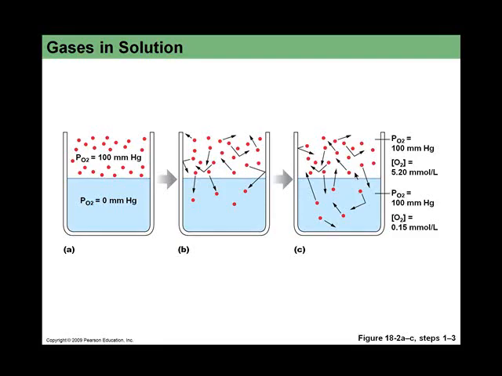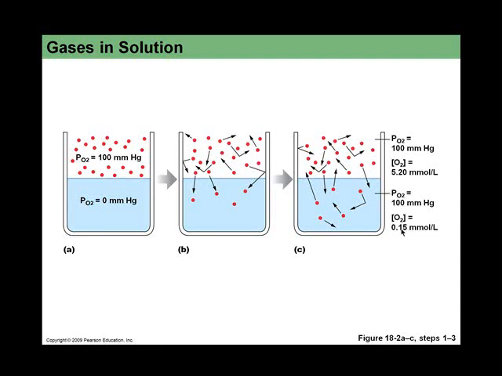Remember, equilibrium is a very common endpoint for all of these discussions. The PO2 is going to equilibrate at 100 millimeters of mercury, but the concentration of dissolved oxygen is not going to equilibrate. It's going to be a very small fraction of the total concentration in the gaseous state to produce the same PO2, partial pressure.